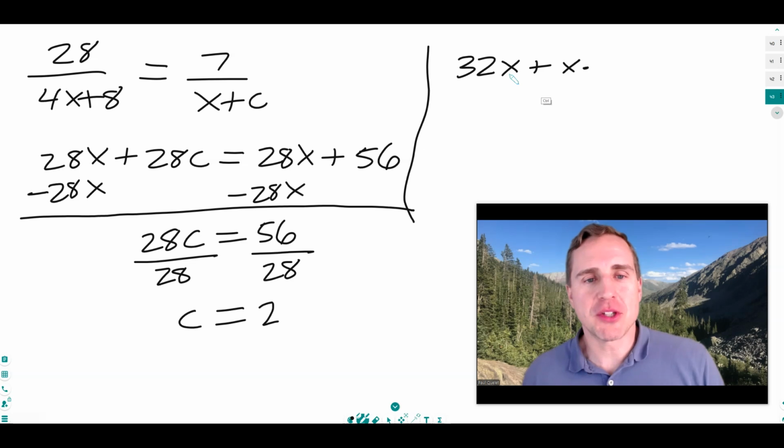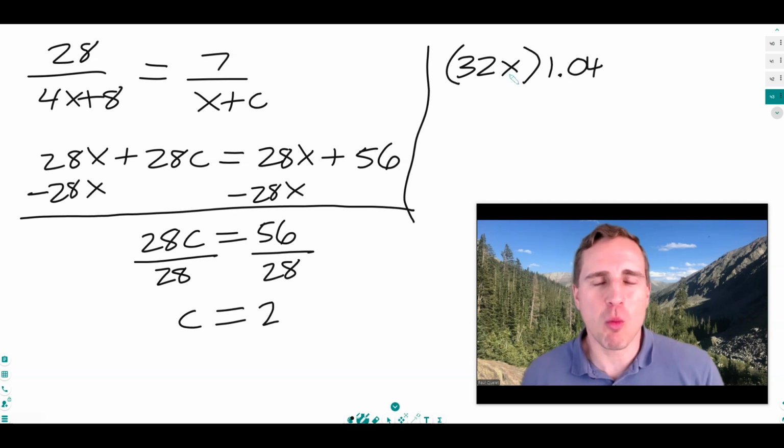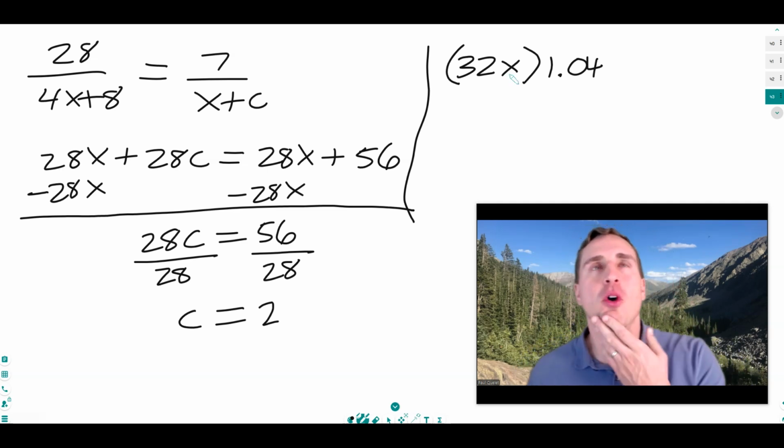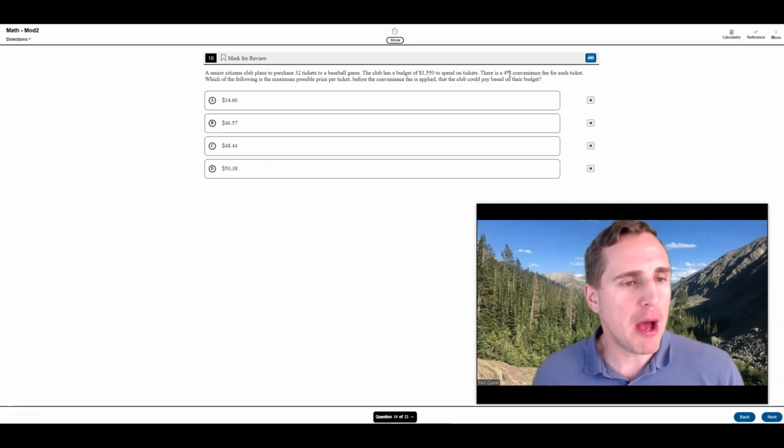Now, by the way, I'm sorry, X is the cost of one ticket. So really 32X is the total cost of all 32 tickets. So that should be multiplied by 1.04. Now, why 1.04? Because there's a 4% convenience fee. So we have to pay the retail price plus the 4% convenience fee. And that should equal the total amount we have in the budget, $1,550.